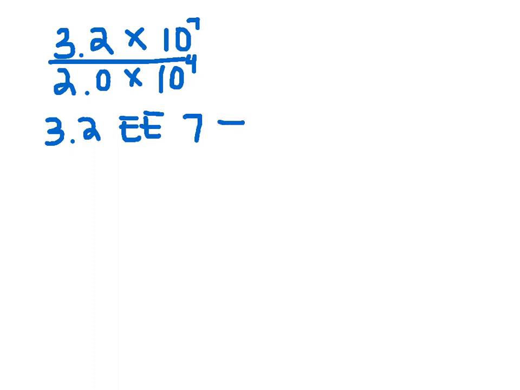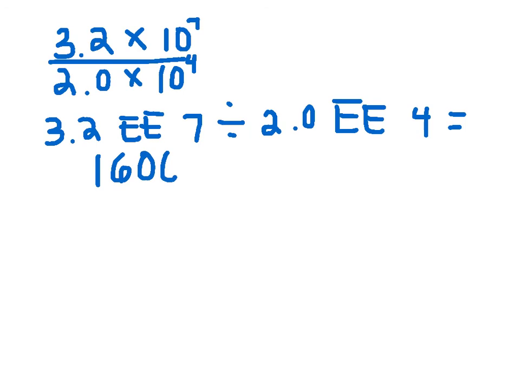And this time I'm going to divide, divided by 2.0, but you don't really need the .0. Oh, no, Mary, don't do times. We need to do EE 4 equals. So 3.2 times 10 to the 7th divided by 2.0 times 10 to the 4th equals, and your calculator could express it as this number.